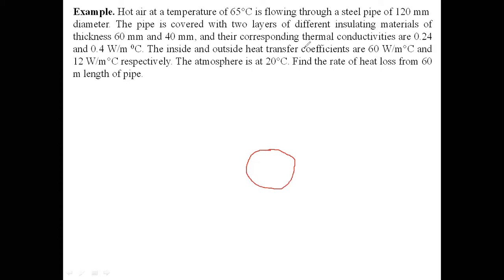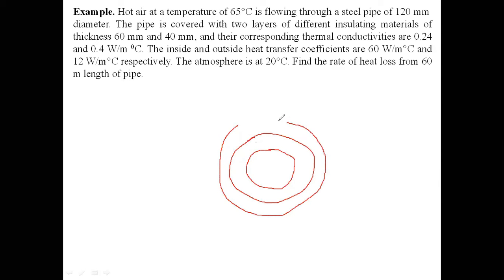So this is the 60 millimeter insulation applied on this, and above it another 40 millimeter thickness will be applied. Here T1 temperature, here h1. T1 is given as 65 degree, h1 is given as 60 watt per meter degree centigrade.